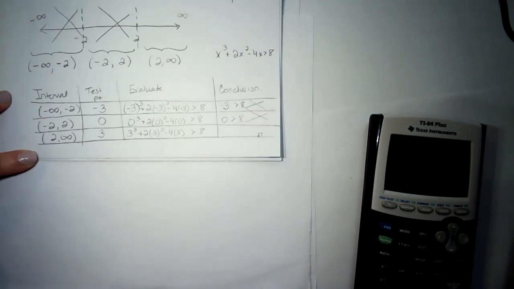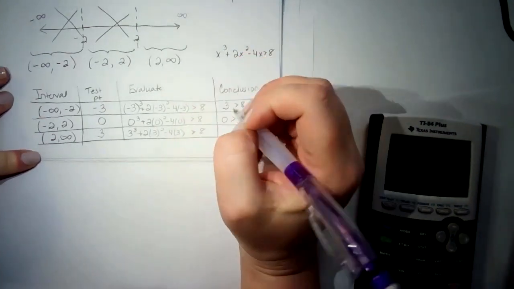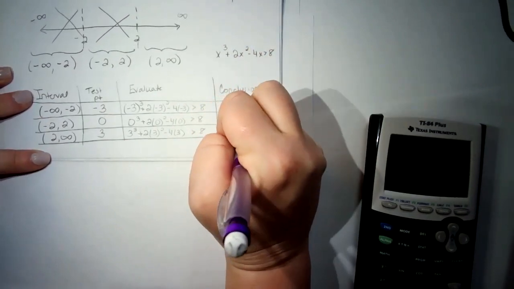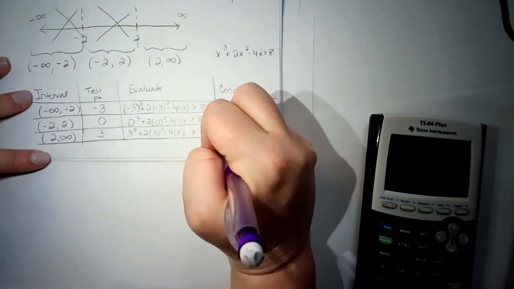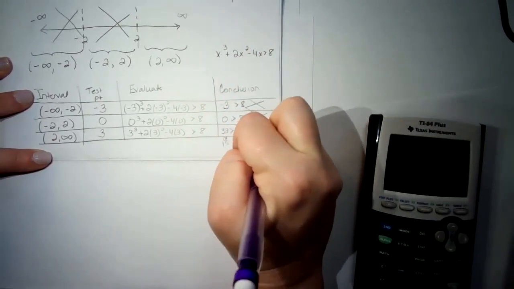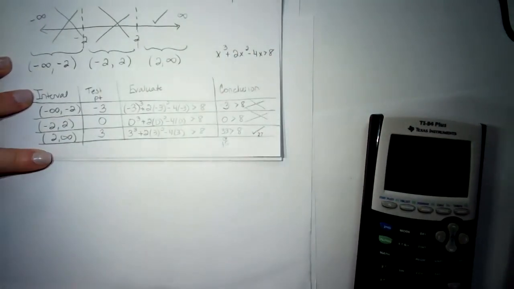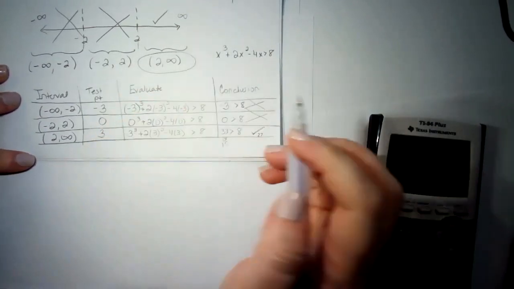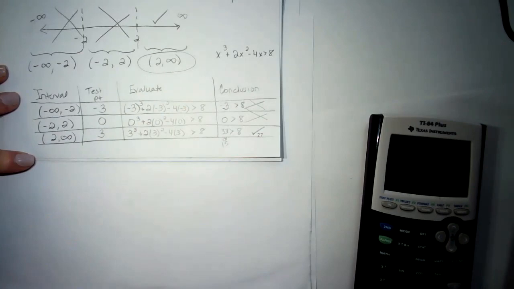You got 15? I got like 33, but that doesn't mean that's right. Either way, whatever it is, we know it's greater than 8, 33 or 15. Okay, how's that? Either way, it's greater than 8. That one's correct. So our answer is this interval. That's going to be our answer.